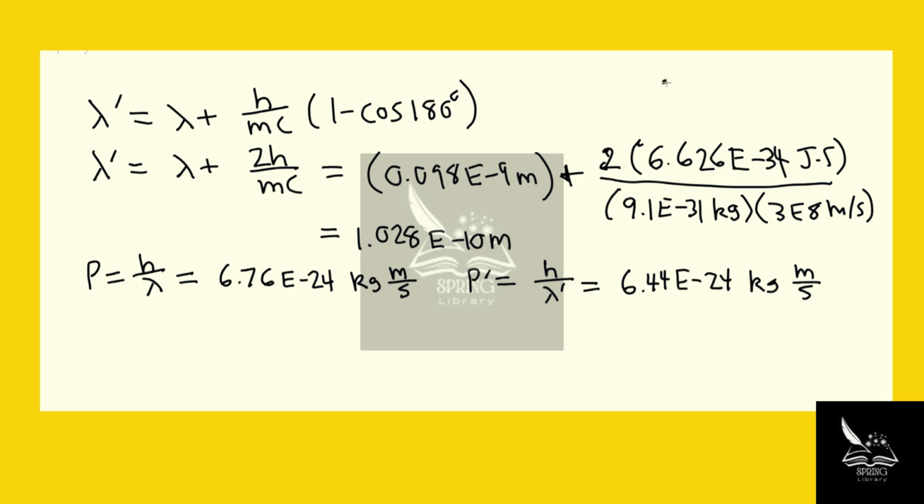And if you remember, P, the initial momentum, is to the right. The new momentum is to the left. It's arbitrary which direction you choose them to be, but as long as they're opposite each other, that's the important part.